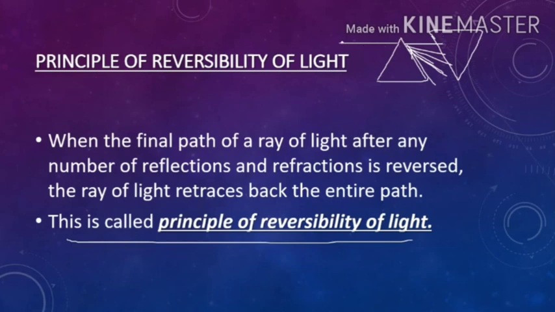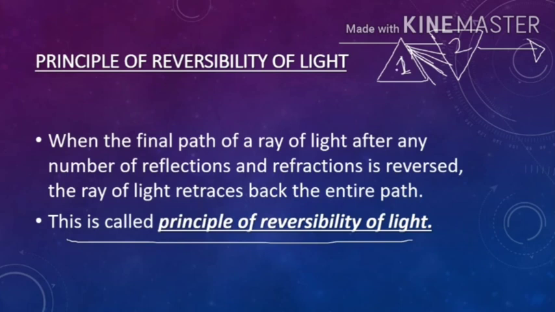When the white light passes through the first prism, it emits 7 colors, that is VIBGYOR, and when these 7 colors pass through the second prism, it retraces and gives out the same white light that traveled from infinity to prism 1. In this manner the light ray retraces the same path as before. So this is known as the principle of reversibility of light.